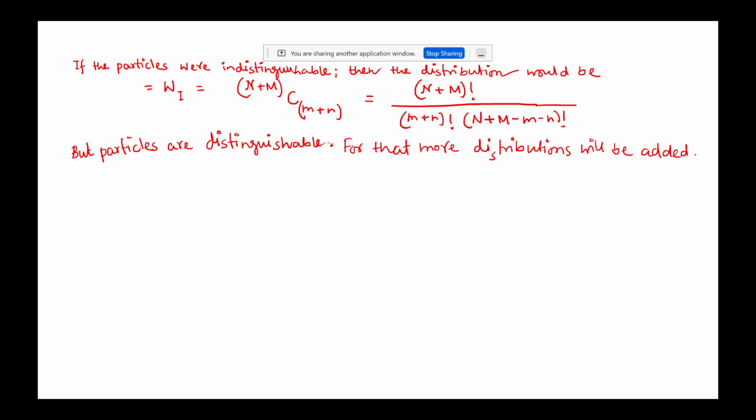Out of those m plus n indistinguishable particles, how can we differentiate m green particles or n red particles?